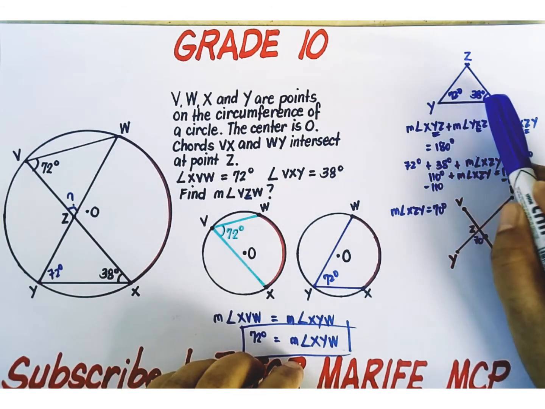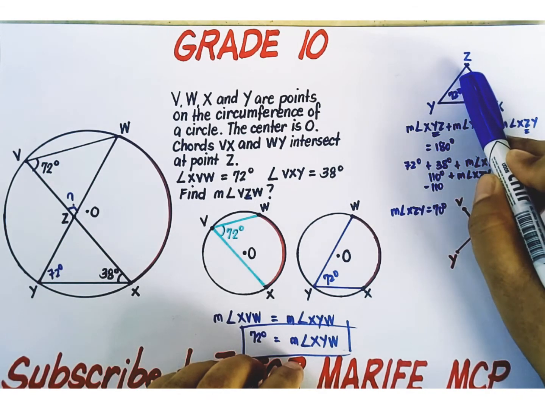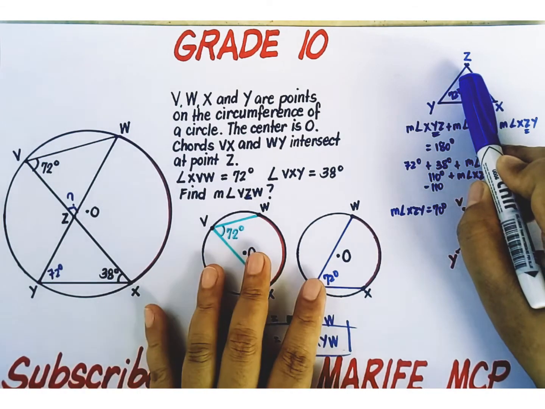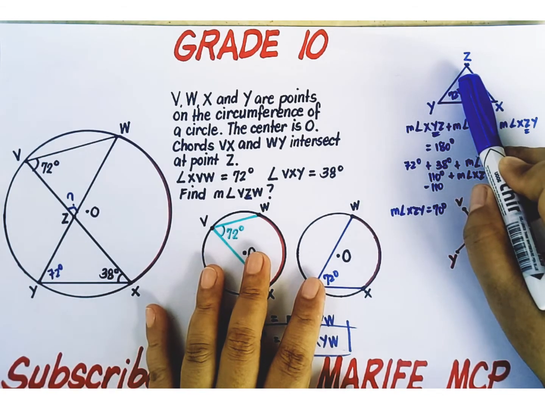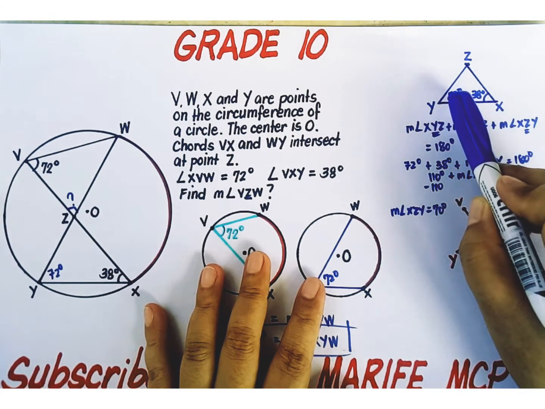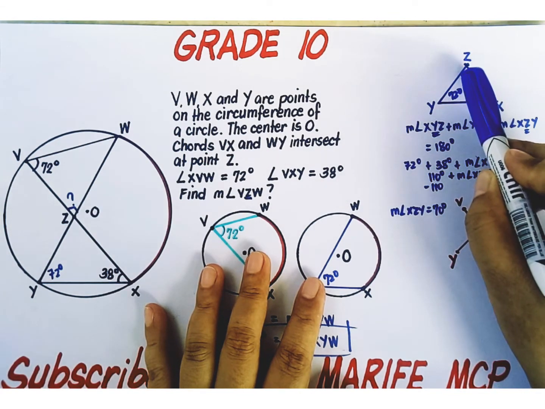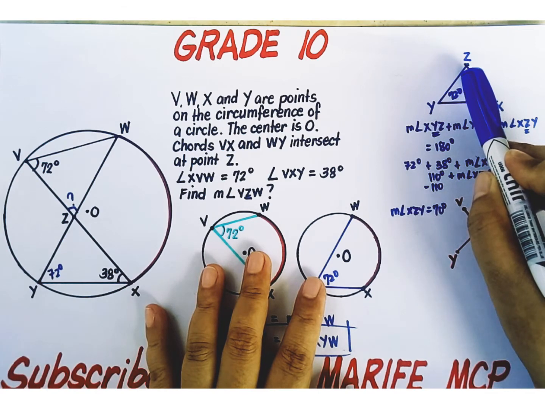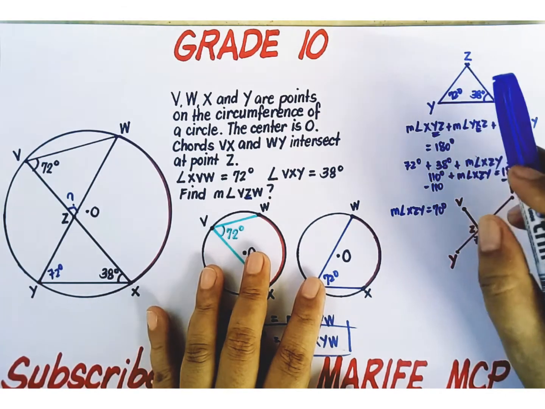When two interior angles of a triangle are known, the third angle becomes solvable by application of the triangle angle sum theorem. The triangle angle sum theorem states that the sum of the interior angles in a triangle is always equal to 180 degrees. Let's write our equation.